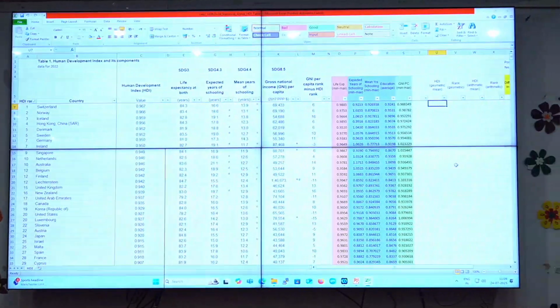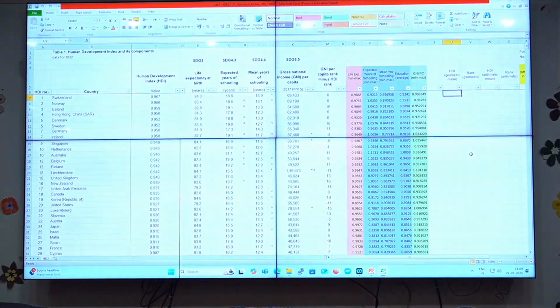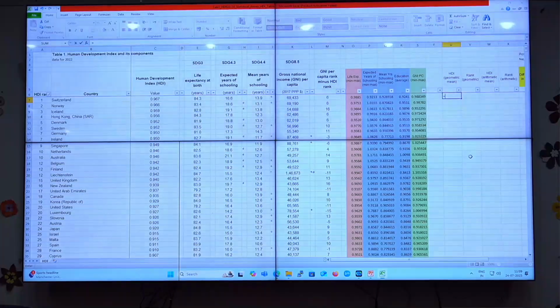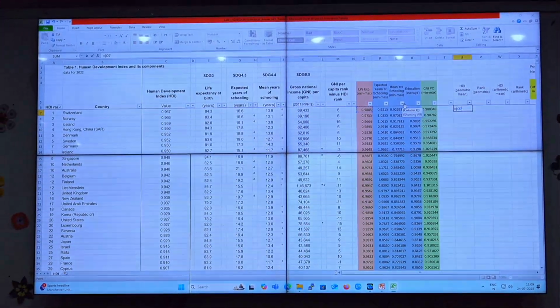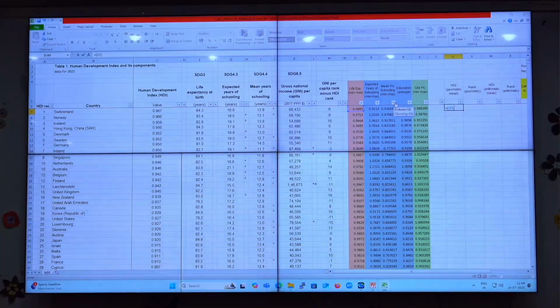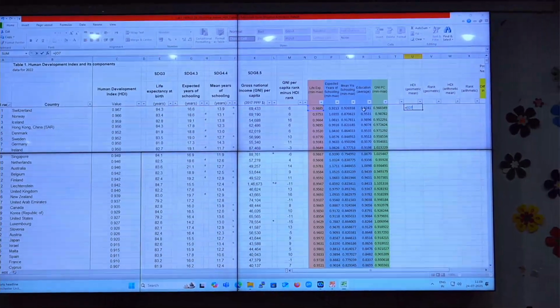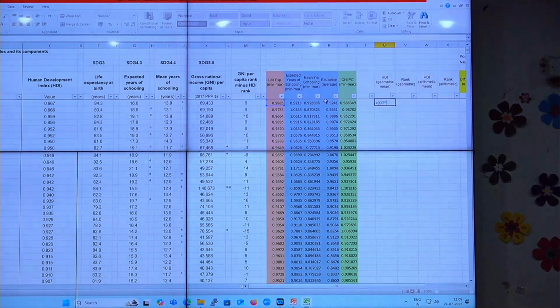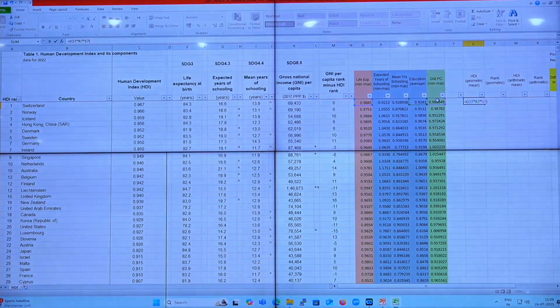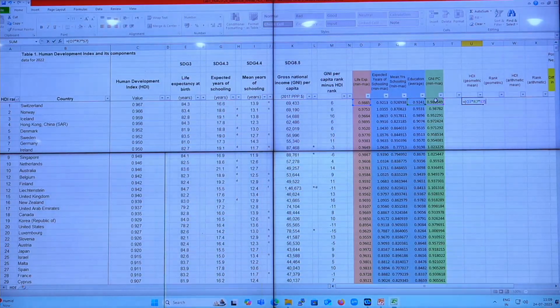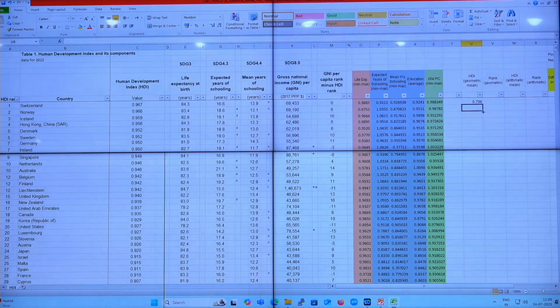This is a function of these indicators multiplied times each other, and then you take the cube root of that. So the cube root is like this. I'm hoping this works. Then you can calculate that and pull it all the way down.